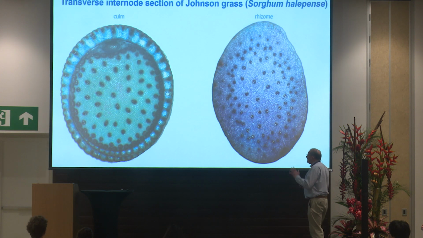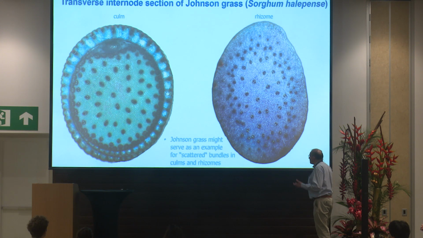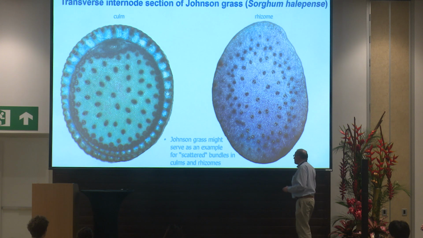So when we look at a transverse section of Johnson grass, Sorghum halepense, a culm and a rhizome, we get the impression that the vascular bundles are randomly distributed over the section. And Johnson grass actually might serve as an example for scattered bundles in culms and rhizomes.